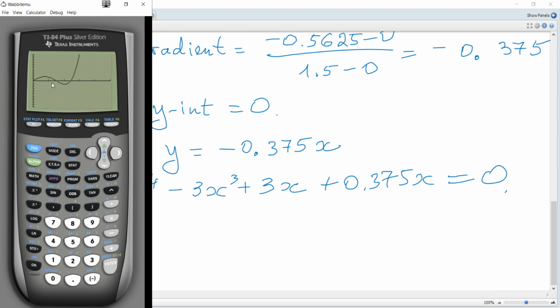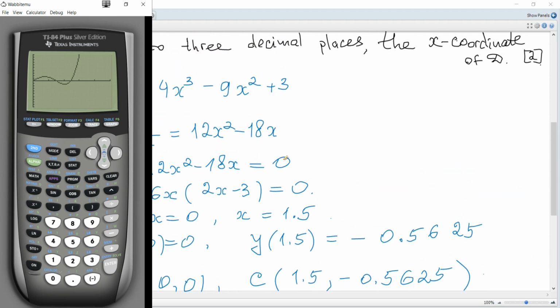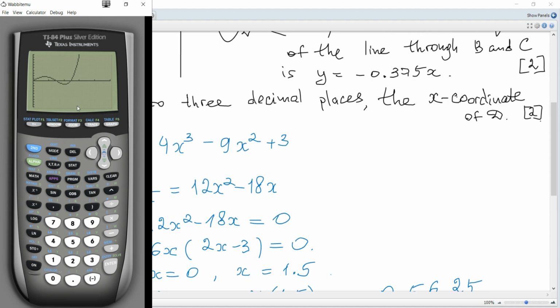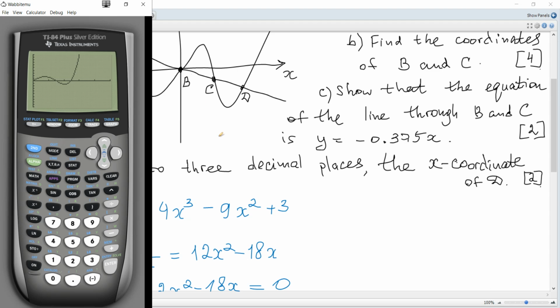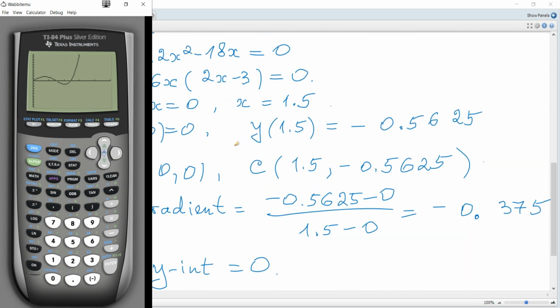The second root is approximately 1.5, and you can guess that it's 1.5, it's point C, and the next point is the required point D. If we extend it to negative values of x, we can find the other point, but we don't need that one, so we choose calc and zero.